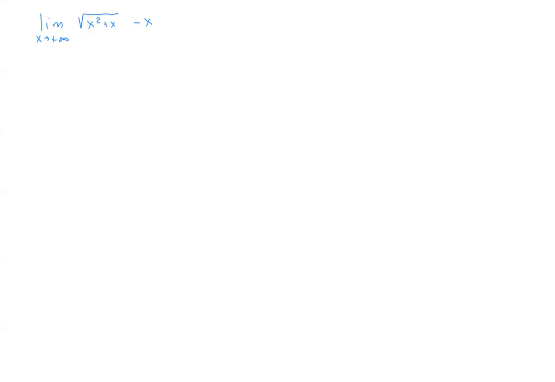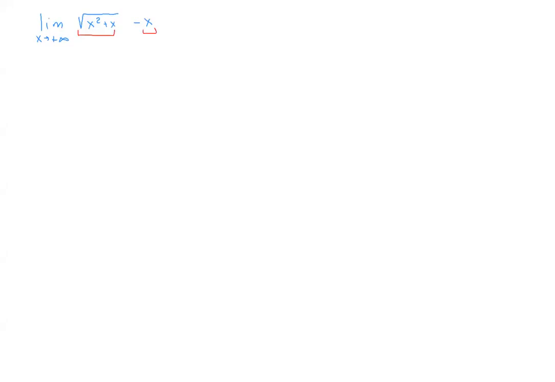So how are we going to do this? Obviously, we can see here that we have two quantities, both of which tend to infinity, and then we take their difference.